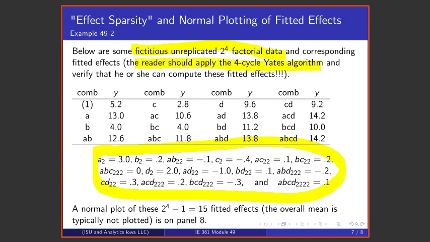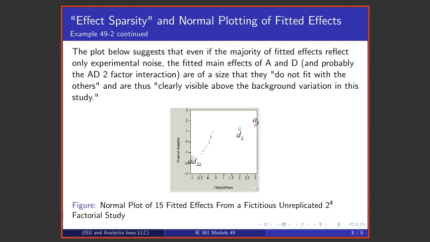What I've done then on the next slide is to normal plot these things. Okay, normal plot A2, B2, AB22, and so on. Not going to bother to include the overall average, the y bar dot dot dot dot dot. So the overall mean is typically not included. But we'll normal plot these, and here's what we get.